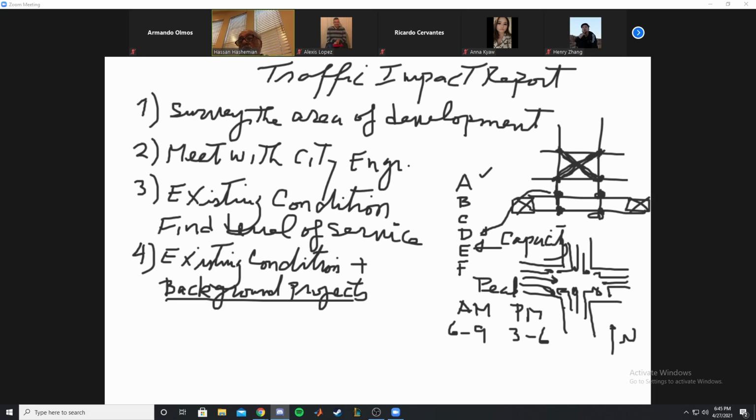Sometimes there is no other development that happens. There is no background project. But what happens is the traffic grows over the years.